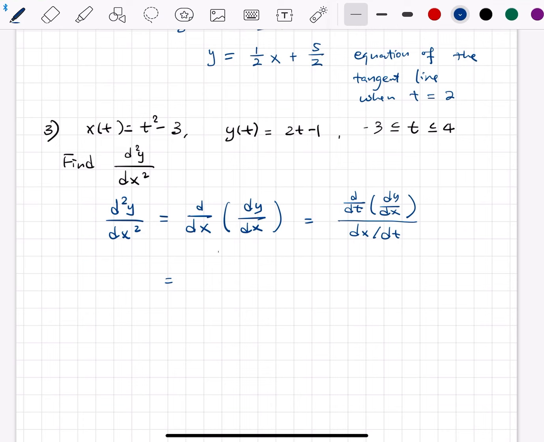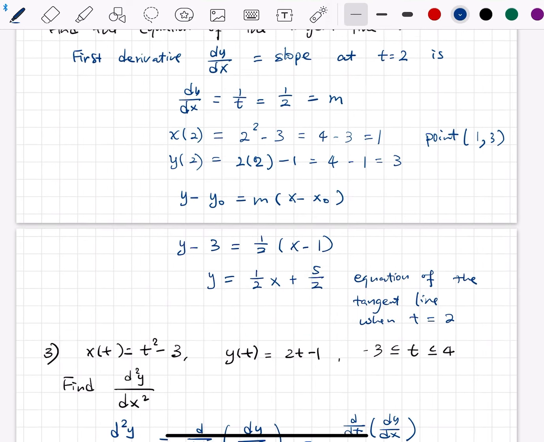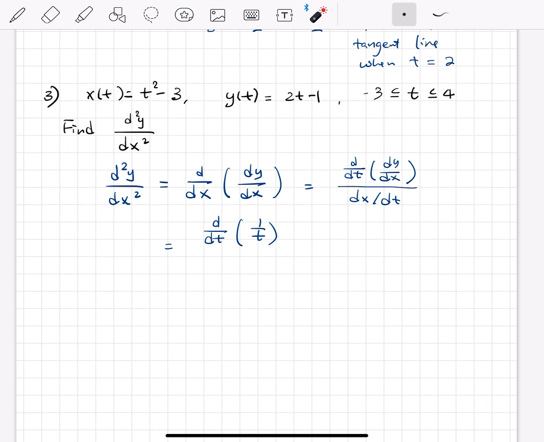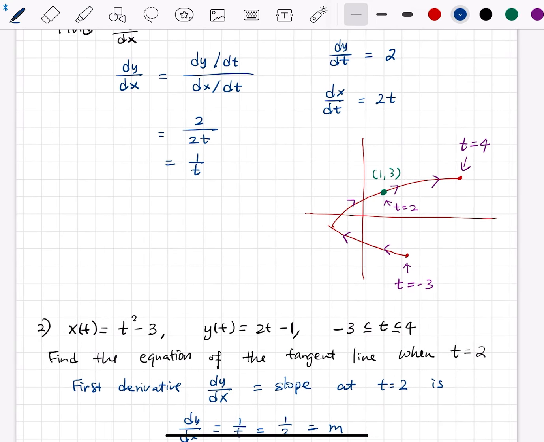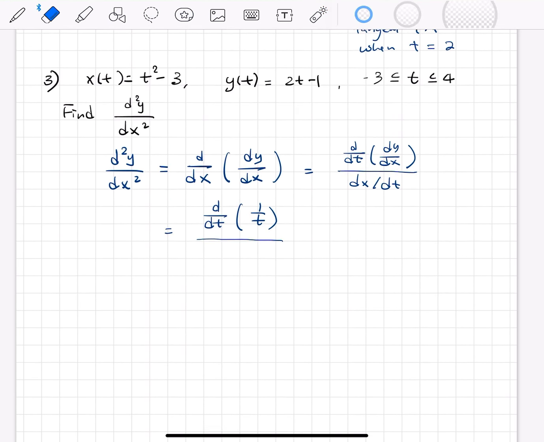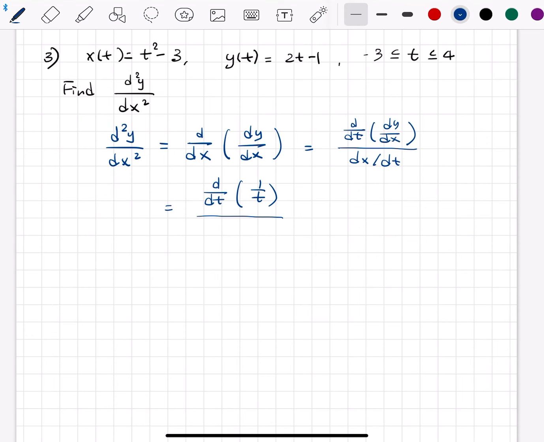We already know dy dx from the previous example, which is 1 over t. We've been using it for the past 2 examples. And dx dt we also know from the previous calculation: dx dt is 2t.